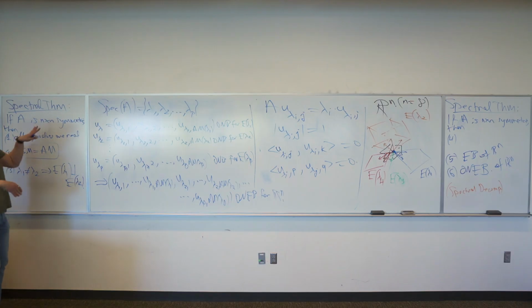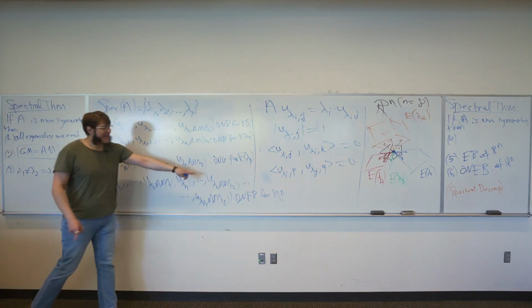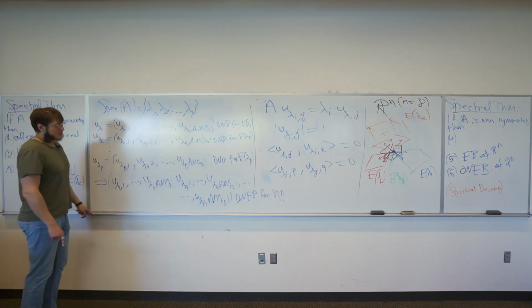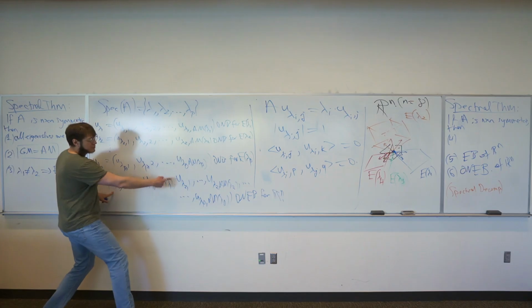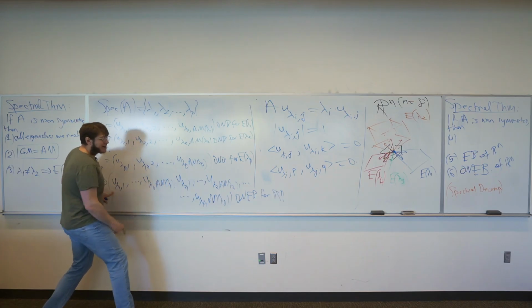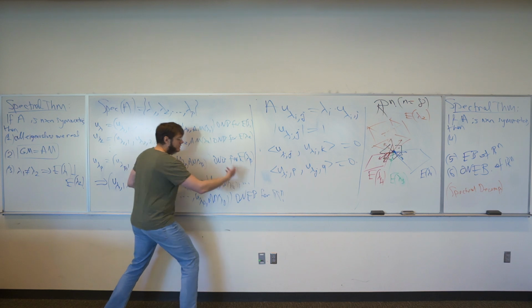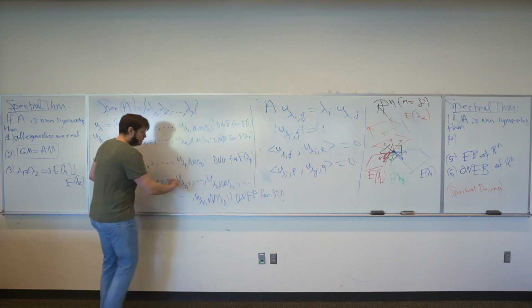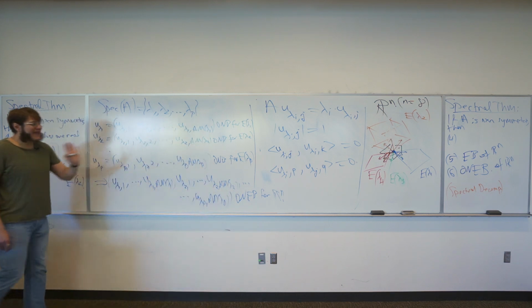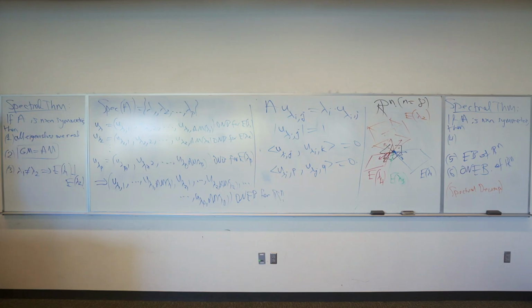Char poly of an n by n is always an n degree polynomial, which means the sum of AMs is going to be n. And so here I have AM of lambda 1 many vectors. Then I add to it AM of lambda 2 many eigenvectors, and so on. So if I add all of these together, that's going to give me n in total. That's sort of like a sanity check.